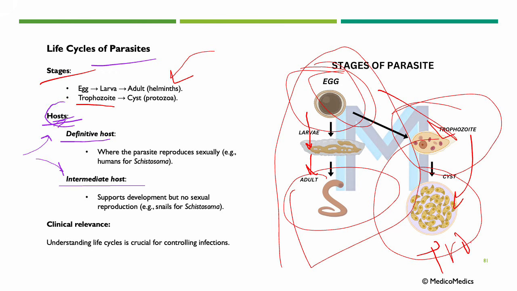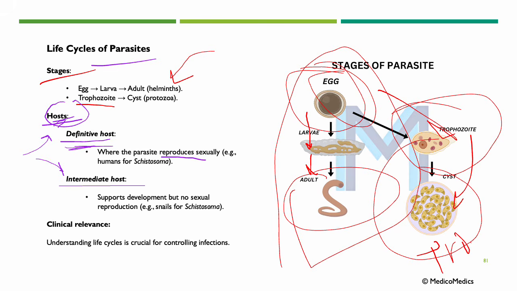And these hosts are categorized based on their role in the parasite's life cycle. So when we talk about a definitive host, this host is the organism in which the parasite undergoes sexual reproduction. And this host is critical for the completion of the parasite's life cycle.